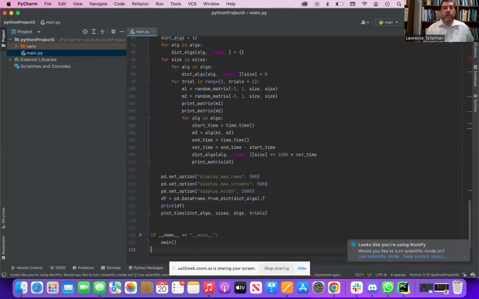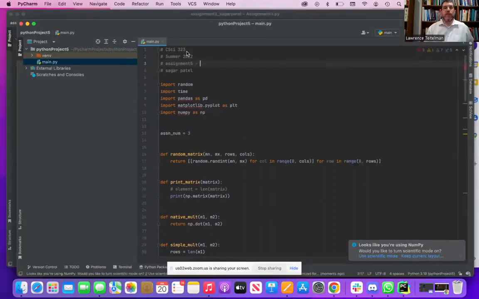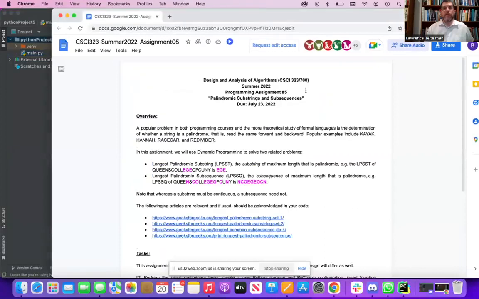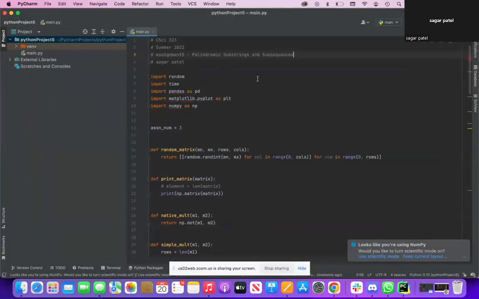Okay, so go to the top. So you're going to call this one assignment 5. And you can put a dash there. You could say palindromic subsequence. Exactly. Okay.